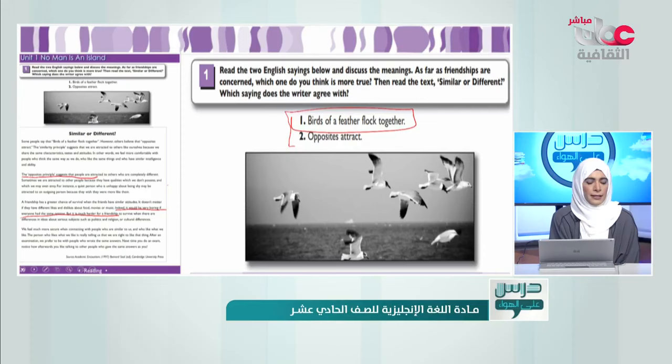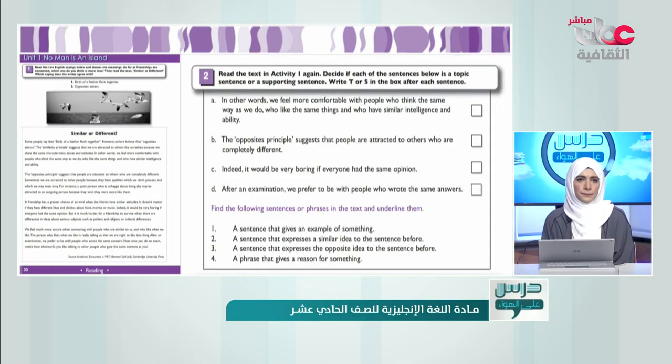Those red lines can help you find out the sentences which led to such opinion. Why we are saying that the writer is with the saying birds of a feather flock together. Okay, move to the second task.